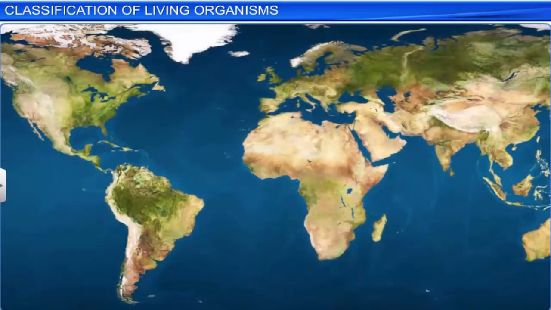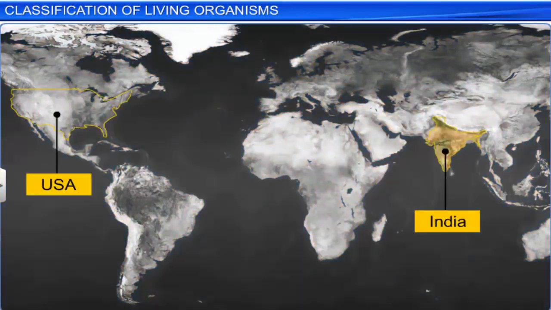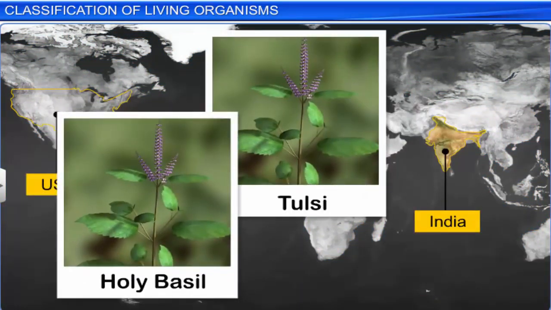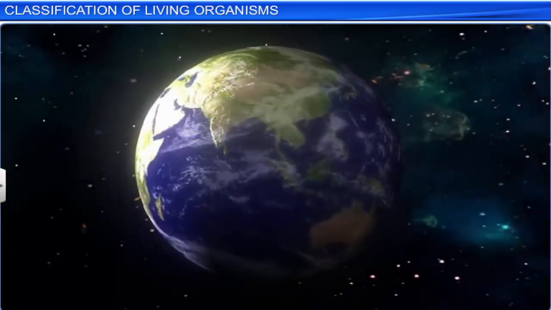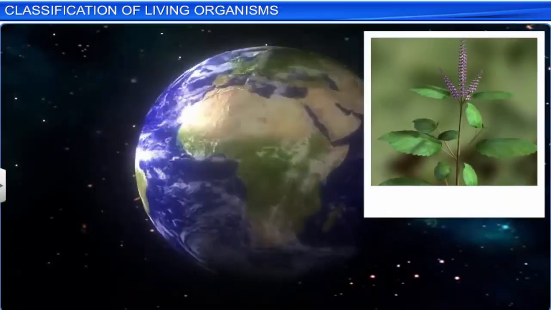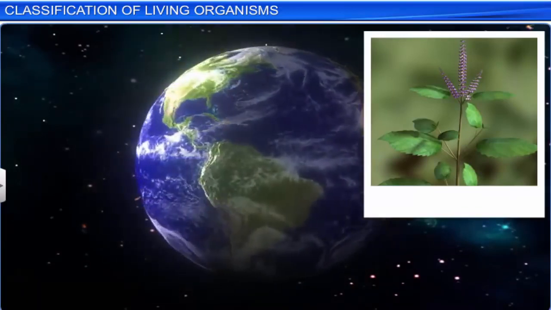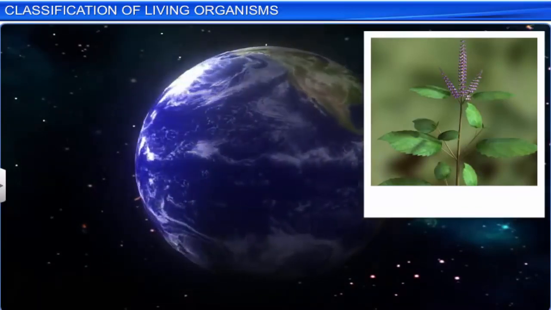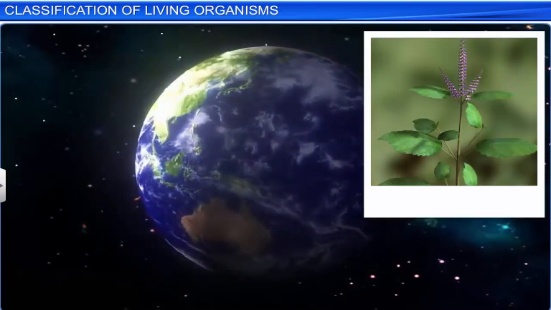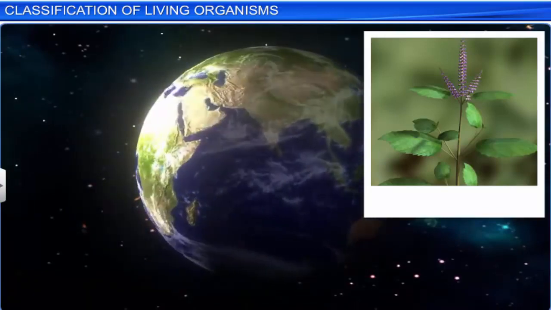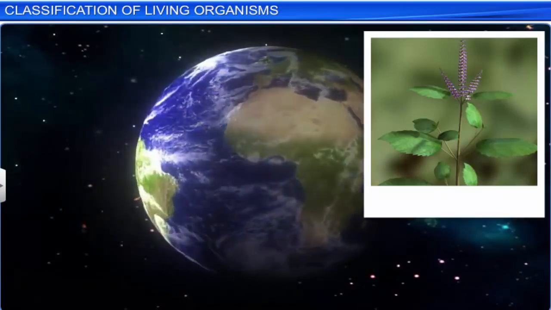It is common to find living organisms being known by different local names in different parts of the world. To avoid this confusion, the name of a living organism must be standardized such that it is known by the same name the world over.